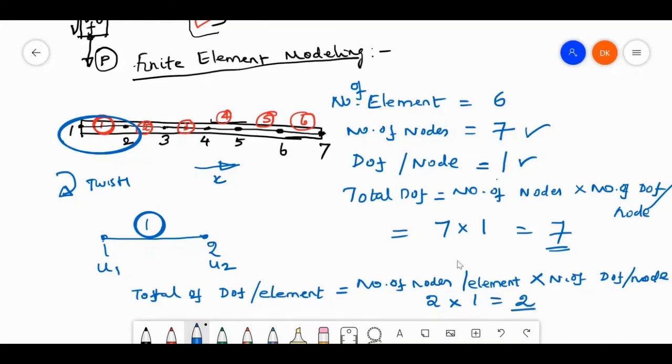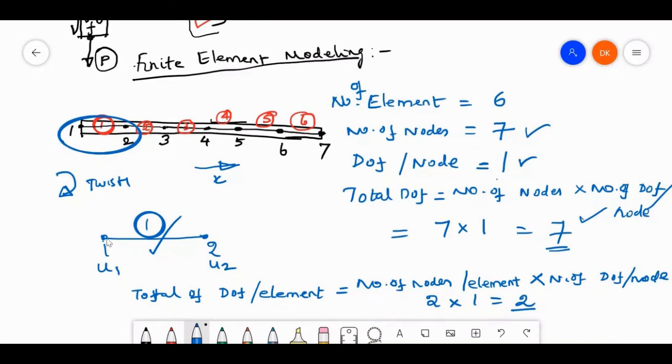So that is the difference between total degrees of freedom in the entire body or domain or continuum you have considered, which is the number of total nodes in the body into number of DOF per node, giving the total degrees of freedom in the entire domain. I want to calculate only the total degrees of freedom per element, which is number of nodes per element into number of DOF per node.